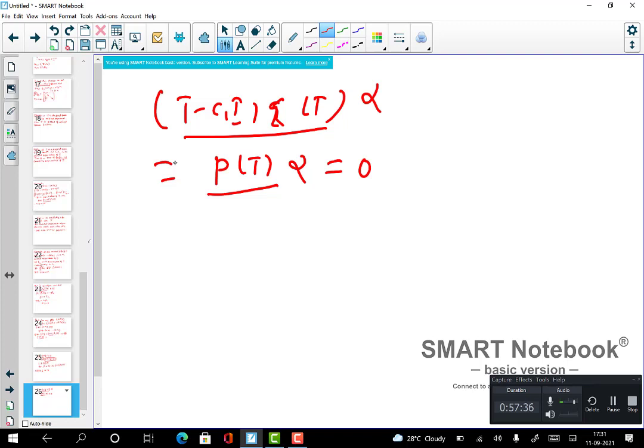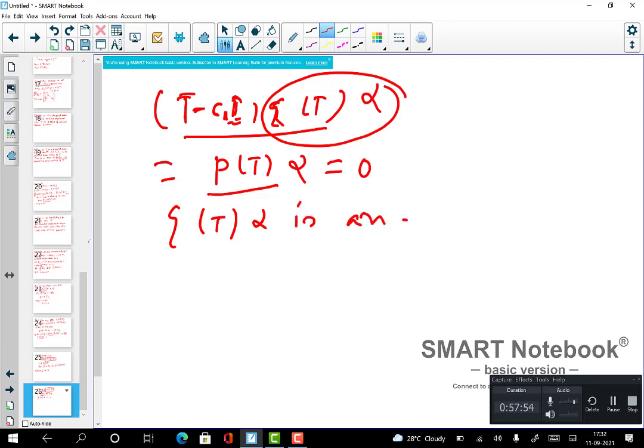This is 0, which means that q(T) of alpha is an eigenvector for c1, right? That's why when you apply T minus c1 I, it will be 0. And because it is an eigenvector, it has to be an element of W, because W is the collection of all the eigenvectors.